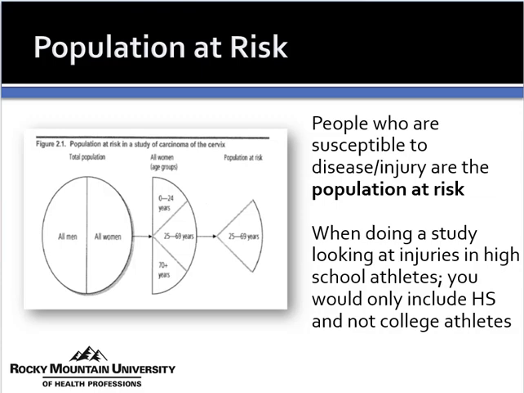Now, who's our population? Our population are the people who are susceptible to the disease or the injury. They are the population at risk. And so we want to make sure we choose an appropriate population when doing our study. For example, when doing a study looking at injury risk in high school athletes, you would not include collegiate level athletes.